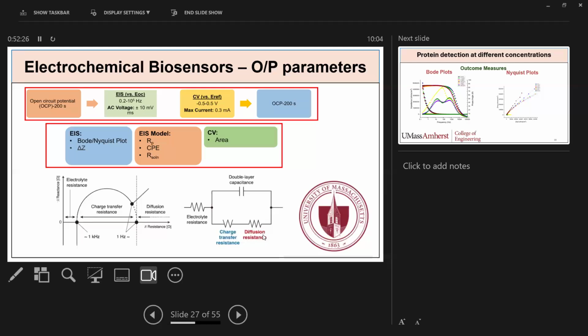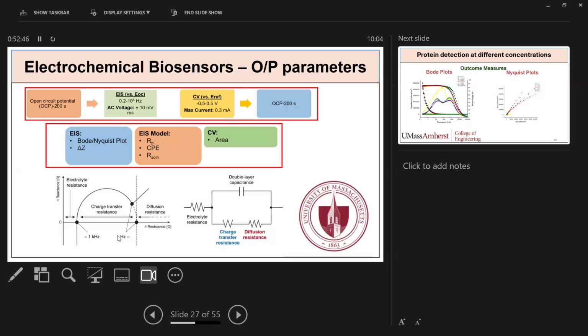EIS, electrochemical impedance spectroscopy, which is nothing but the charge transfer resistance and the diffusion resistance. You can see this semicircle followed by the straight line. This is a Nyquist plot, which explains the charge transfer resistance of the analyte present on the electrode surface.